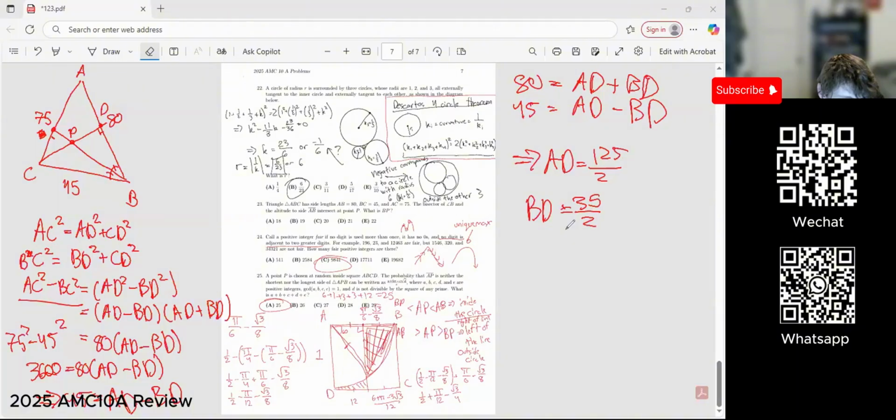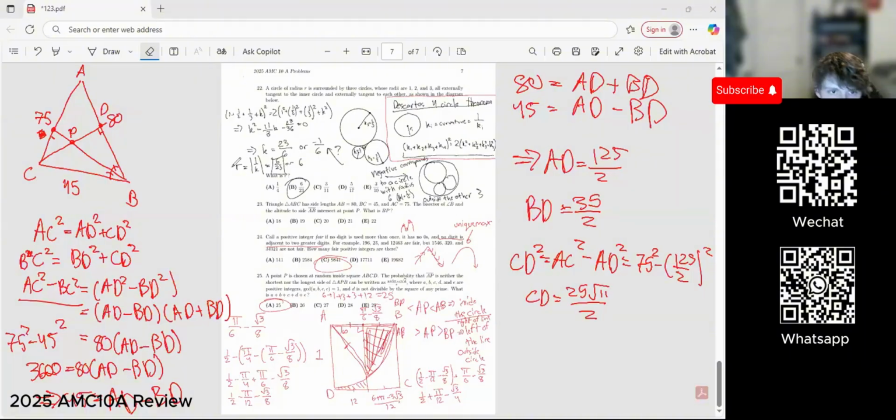All right, and so CD squared, which is AC squared minus AD squared, is equal to 75 squared minus 125 over 2 squared. So CD is equal to 25 root 11 over 2.